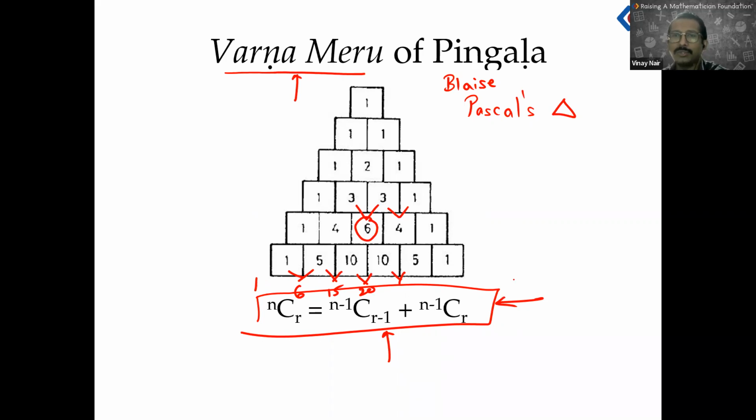Okay, or he is using this particular identity, right? So people have started calling this Varnamiru, and Varna here refers to color. Color means two colors of syllables, or two types of syllables.